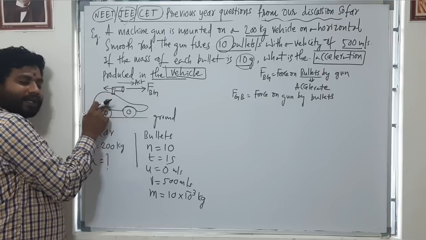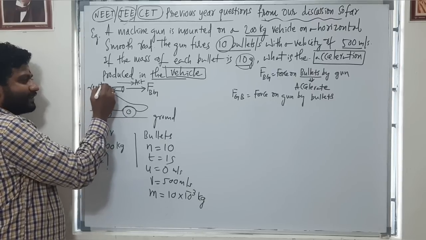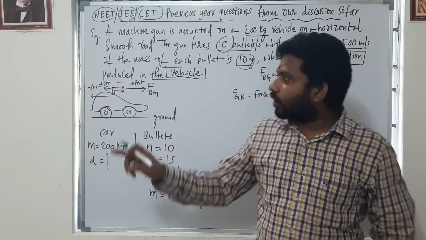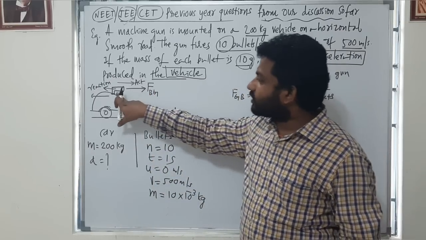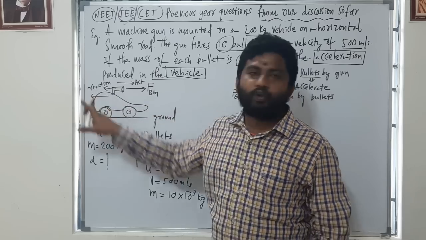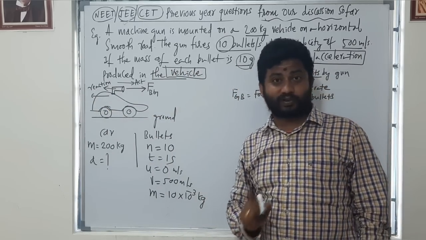So gun is in contact with the car, and on this car the reaction force acts. I hope you got the point. Action force is on the bullet. Reaction force is on the gun. As the gun is in contact with the car, it will move backwards, a little backwards due to reaction force, right?